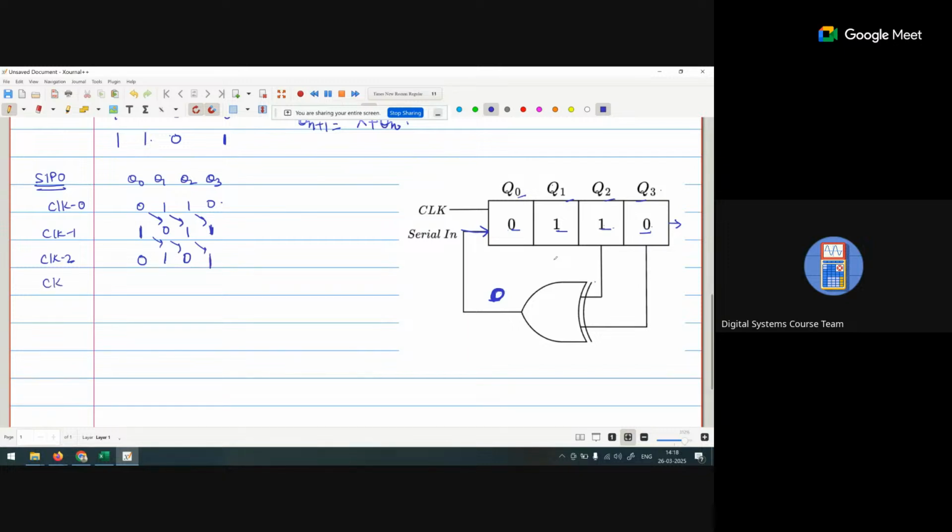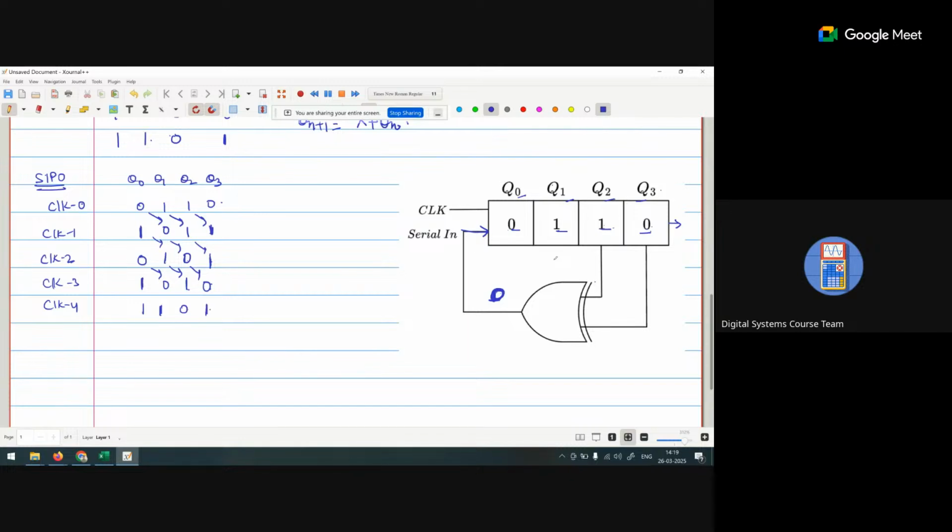At clock 3, 1, 0 XORing is 1, so 1 is there, and rest of the data will be shifted. Now clock 4, 1, 0 XORing is 1, and all data will be shifted: 1, 1, 0.